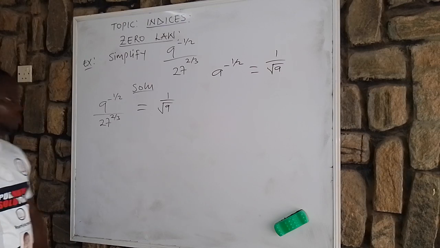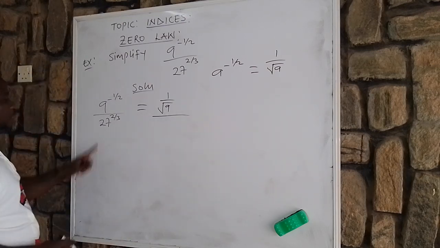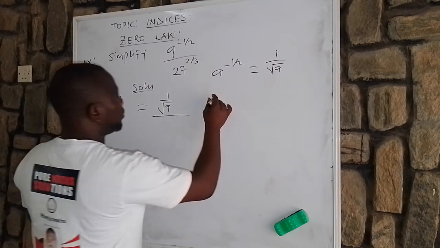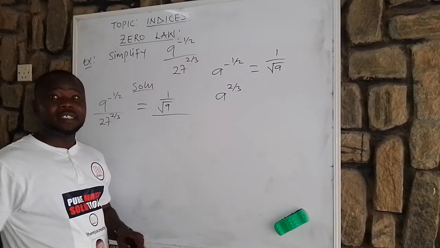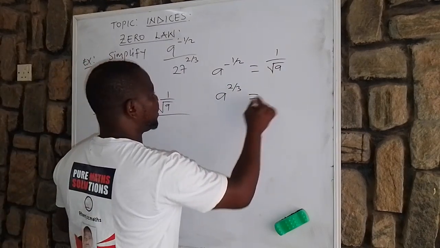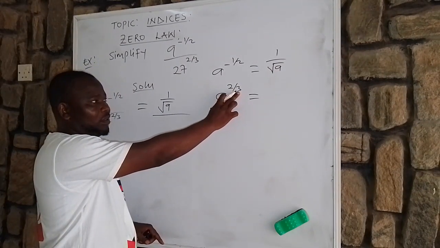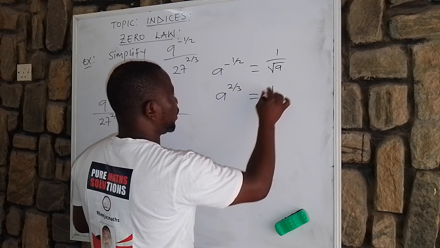Then, I did not mention it to you, but if we have a raised to the power of 2 over 3, this is the same thing as, because of the 3, it means cube root.